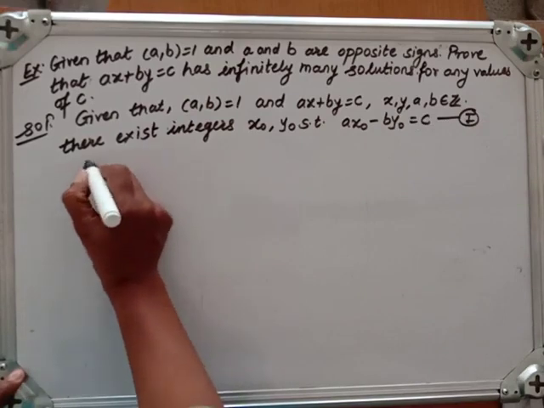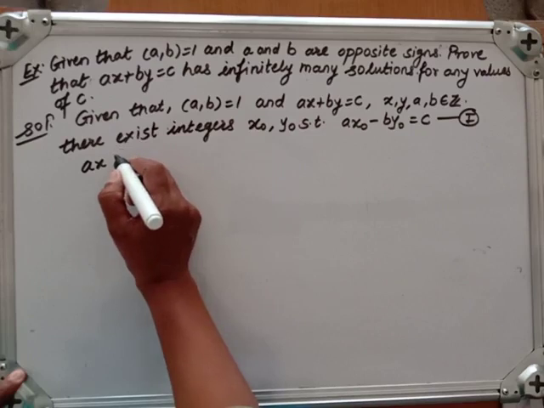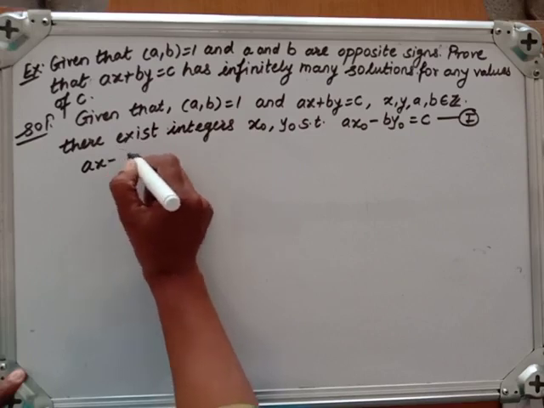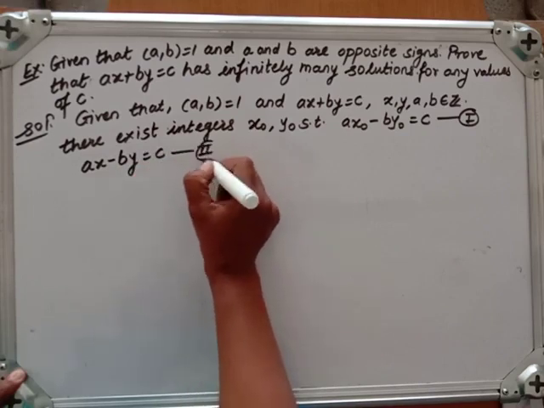Also Ax minus By is also C. Call it equation number 2.